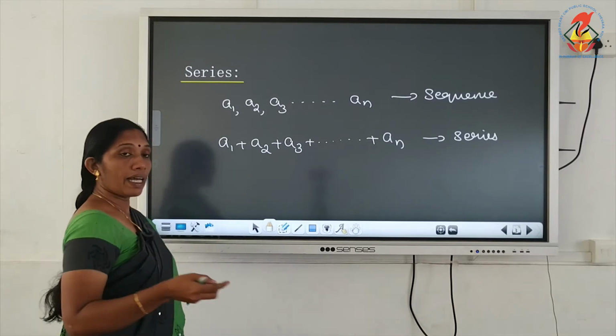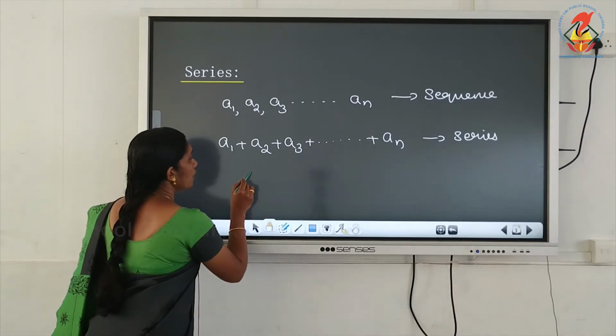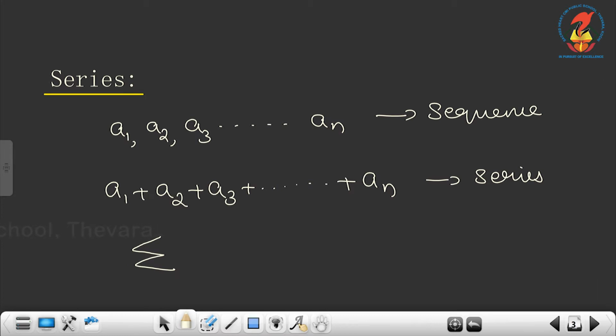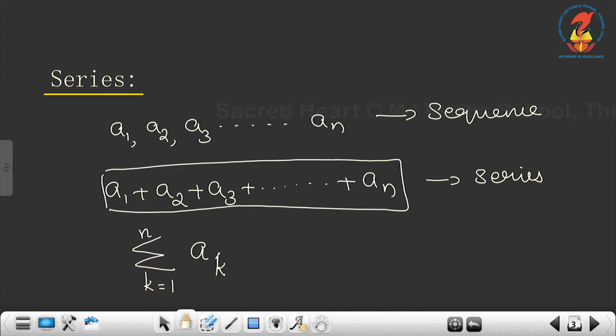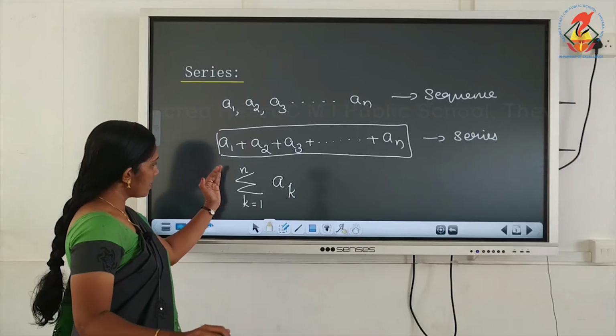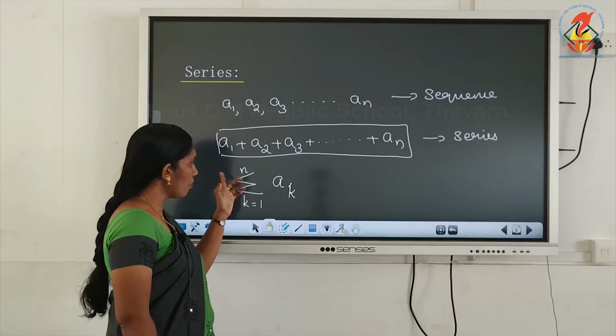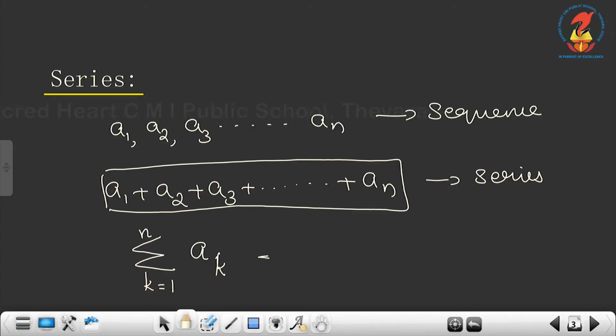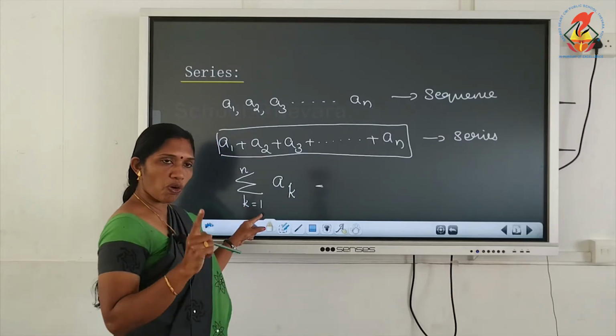Then this A1 plus A2 plus etc. plus An can be expressed in another way using sigma notation. So sigma, generally I can write AK, where K is from 1 to n. This is the same as this. So in sigma AK where K is from 1 to n, for this K you can give the values 1 to n.